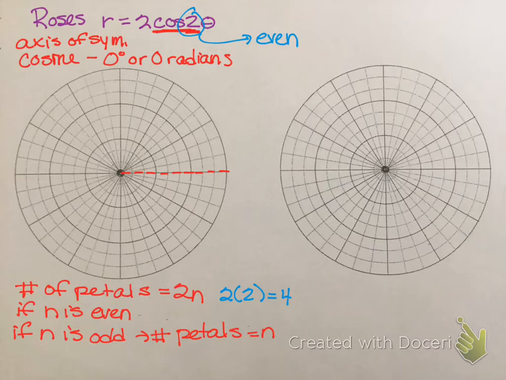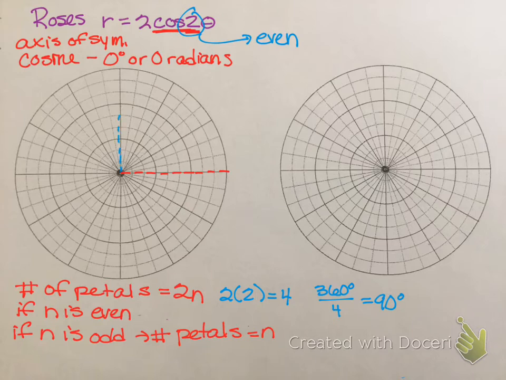So the first thing that I want to do now, after I know my number of petals, is situate them accurately on my polar graph. I have 4 petals within this whole 360 degrees, or within this whole 2 pi rotation. So I need the axis of symmetry of a petal to be 90 degrees away from the last one.